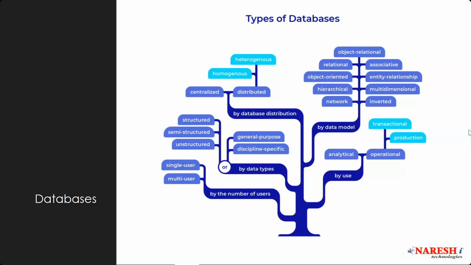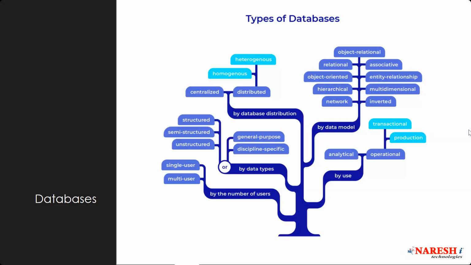There are so many types of databases depending on users: single user databases, multi-user databases. Depending on data type, we have unstructured, semi-structured and structured databases. You have discipline specific databases and general purpose databases.